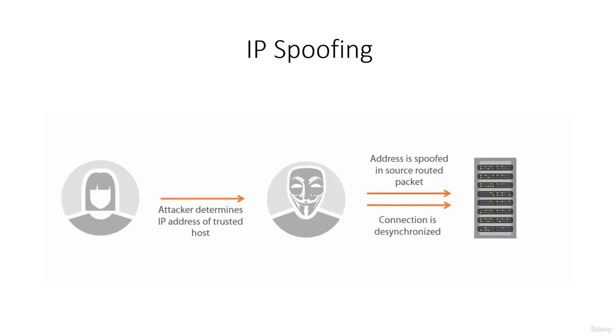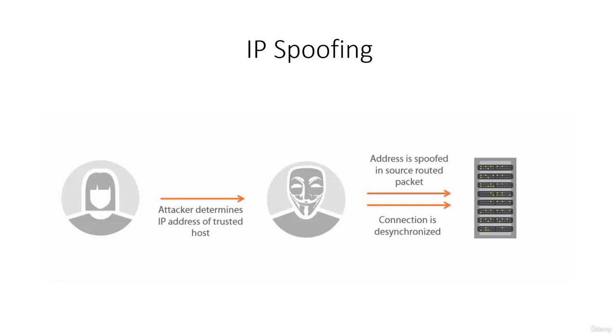So let's take a look at how this works. Firstly, let's bring our attacker in. The attacker is going to determine the IP address of a trusted host. Once they've got it, they can construct what's referred to as a source routed packet. That's a packet where the sender determines the route it is going to take.